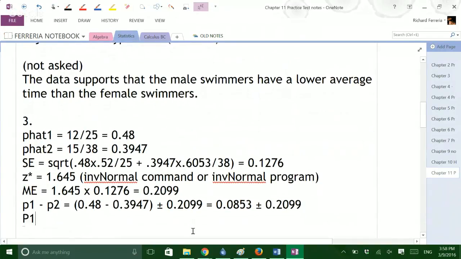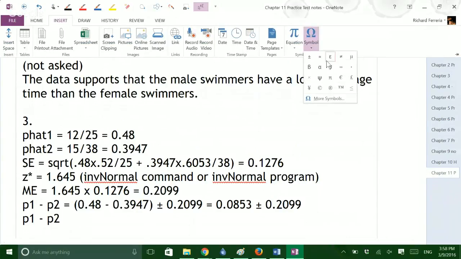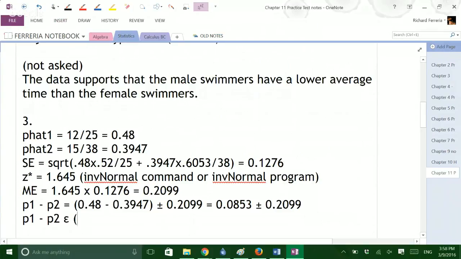Or in other words, P1 minus P2 needs to be between negative 0.1237 and 0.2943. There we go.